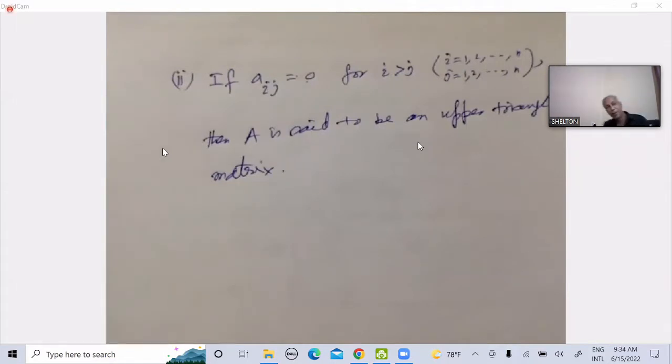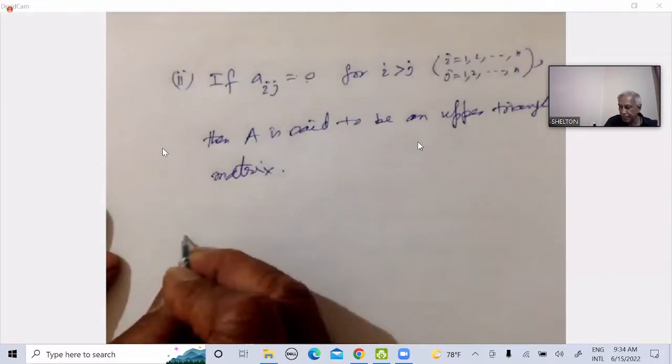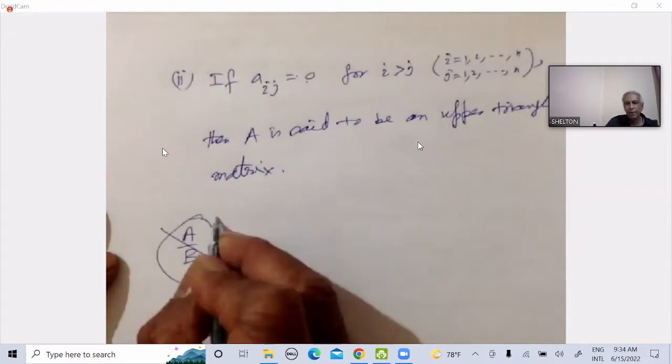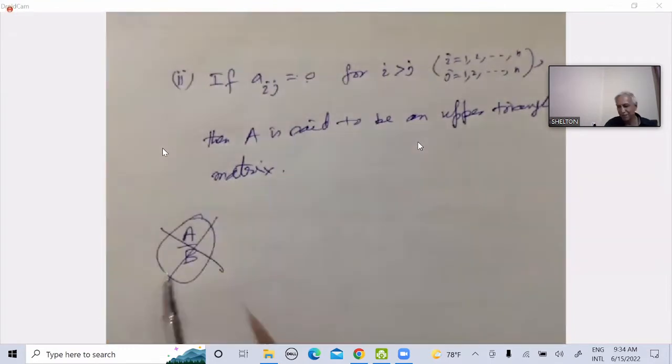Now, matrix division, A divided by B, we don't divide matrices. A over B, we never write. But in a sense, A divided by B is like A multiplied by B inverse. No? For real numbers, that is what it is.